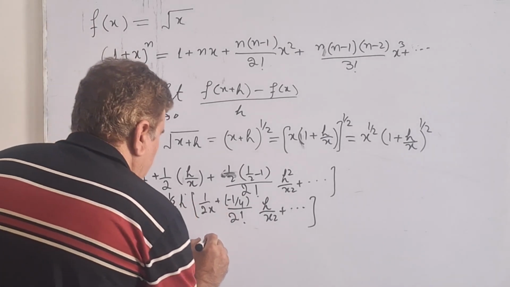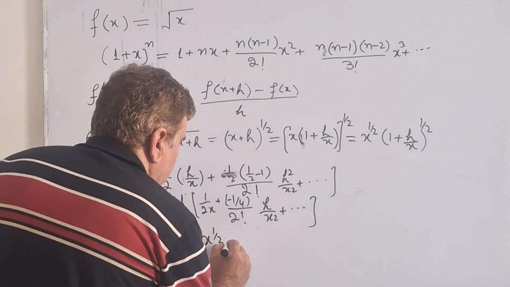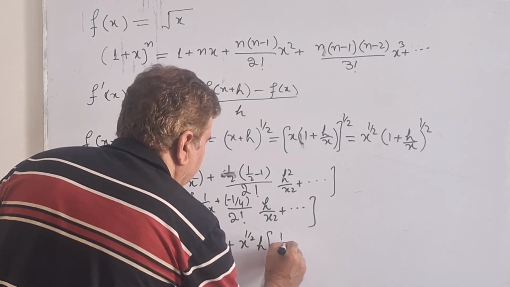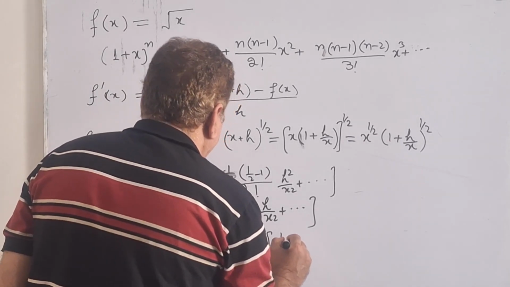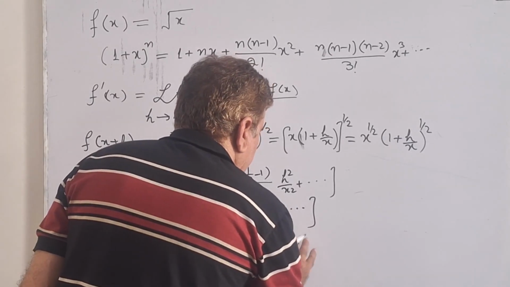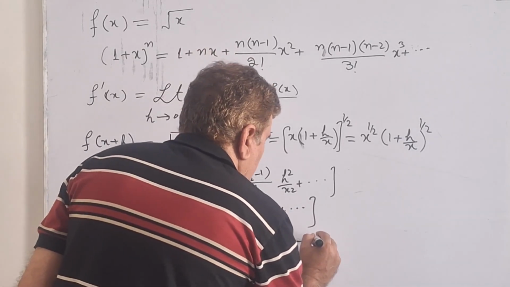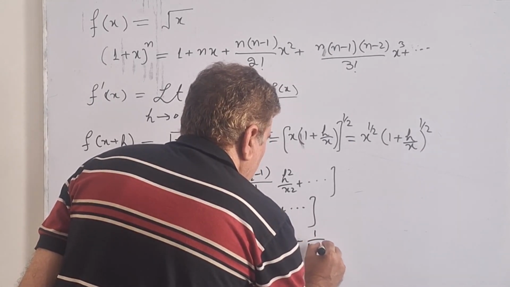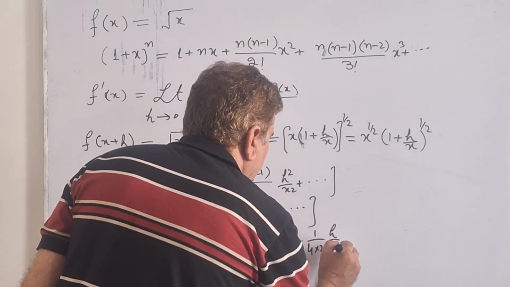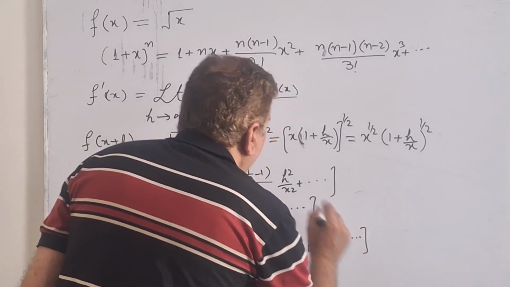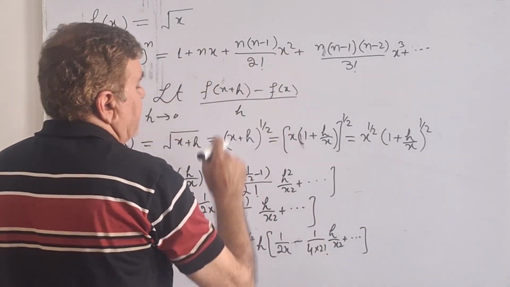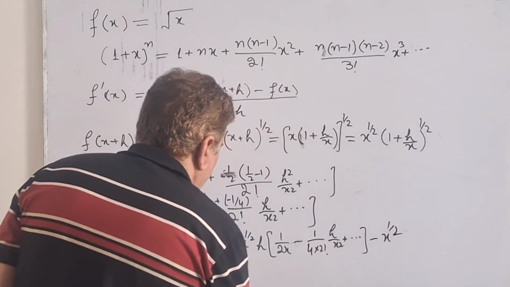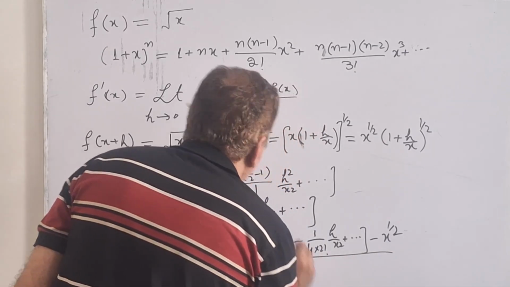I'm putting this value, x power half plus x power half times h into (1 divided by 2x plus minus 1 divided by 4 into 2 factorial h divided by x squared, and so on). Then I put the value of f of x, which is x power half, and then I divide the whole of this by h.